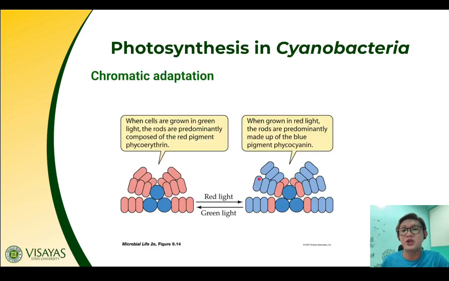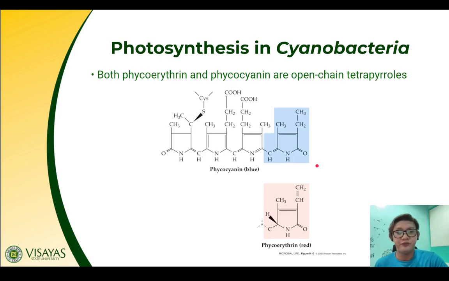In chromatic adaptation, when cells are grown in green light, the rods are predominantly composed of the red pigment phycoerythrin. But when they are grown in red light, the rods are predominantly made up of the blue pigment phycocyanin. Both phycoerythrin and phycocyanin are open chain tetrapyrroles.